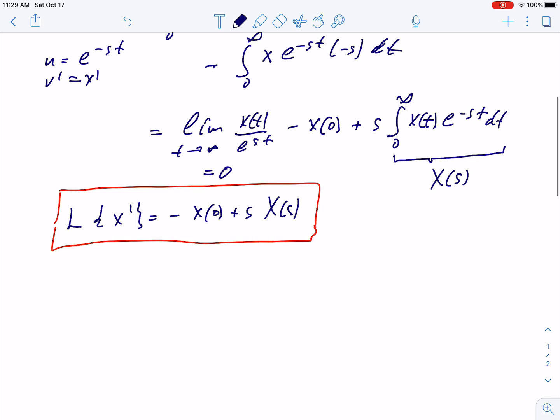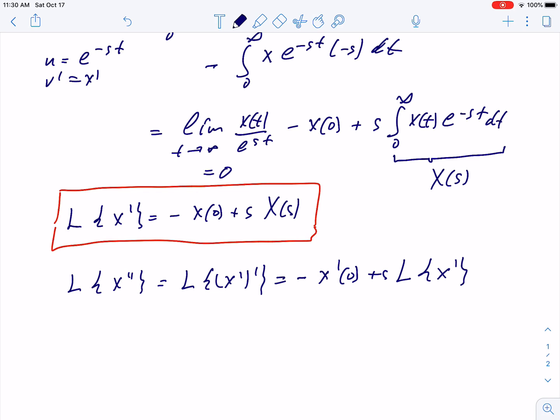Now the second derivative, Laplace x second. I shall consider the second derivative to be the derivative of the first derivative. So I'm writing Laplace x prime, all this prime, and using the above formula for x prime instead of x. So this will be minus x prime 0 plus s Laplace x prime, replacing x by x prime.